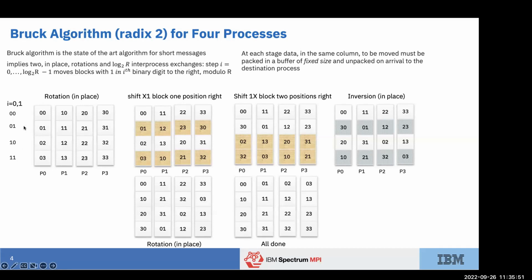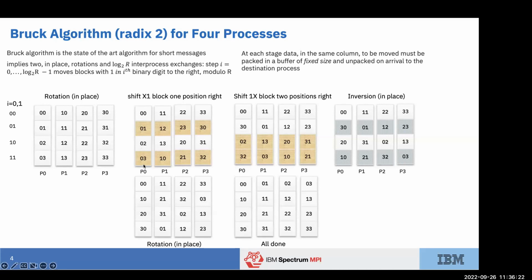For instance, on the first step, it will be these 2 rows. On the second step, there will be these 2 rows which have non-zero bits in the second digit. But the messages themselves at each step have to be aggregated. For instance, 0, 1 and 0, 3 here for process 0 have to be aggregated.